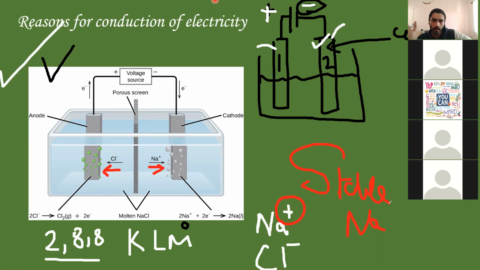Stability achieve करनी है. कि neutral भी नहीं, like positive भी नहीं, negative भी नहीं, neutral होना है. And that is the basis of chemistry. Okay. And also Cl minus का जो ऊपर का minus है, it wants to be stable. तो उसको minus निकालना है, Na को plus निकालना है. And that is why all of this Mahabharata is happening, सिर्फ स्टेबिलिटी अचीव करने के लिए. Cl wants to become only Cl, or Cl2, whatever, depends on the atomic number.